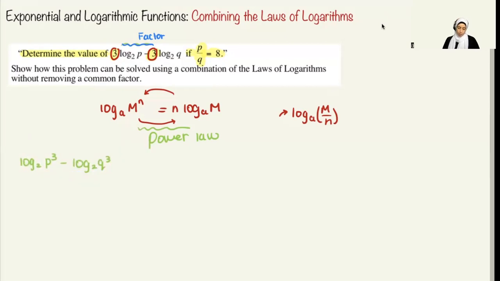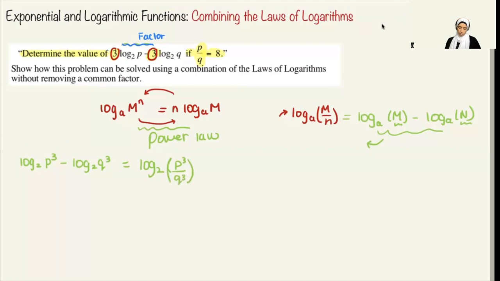All right, so now that we have that, now we can use the quotient law, where I say if I have log base a of m over n, then I can write it as log base a of m minus log base a of n. And so we're already starting on this side, and so we want to go in the opposite direction. We want to say, oh, okay, well, that's log base a, which is 2, of the first one over the second one. And so this is p cubed all over q cubed.